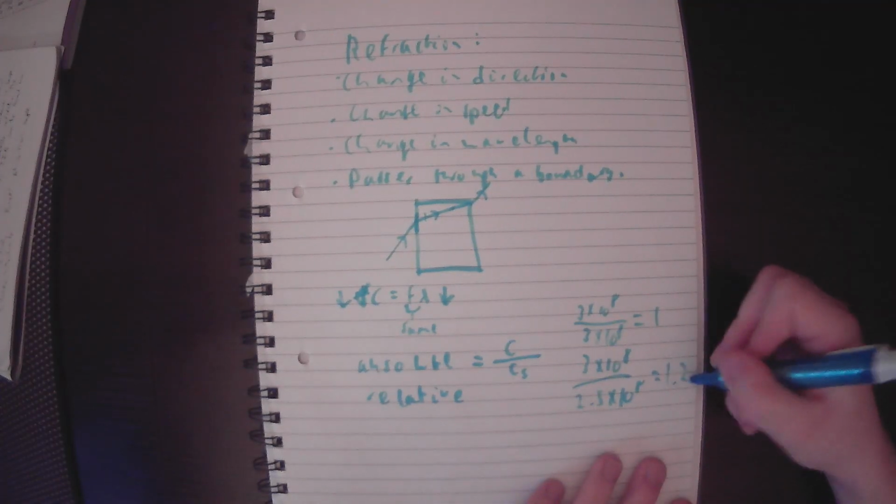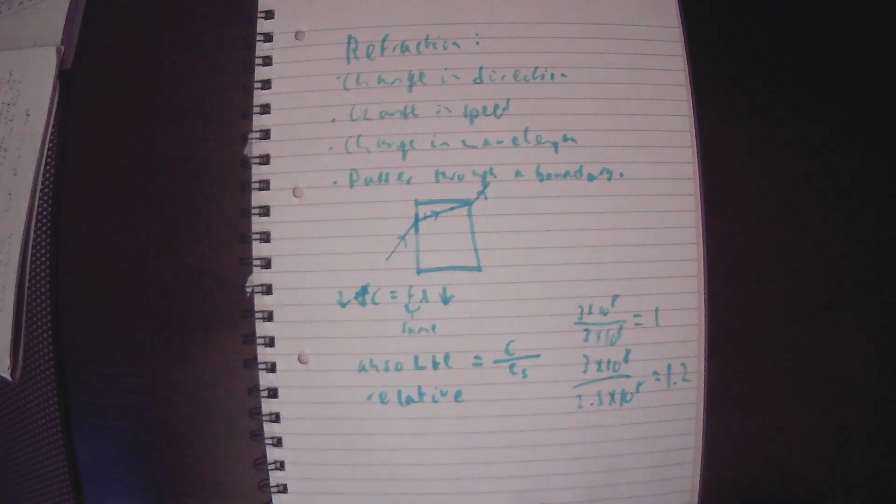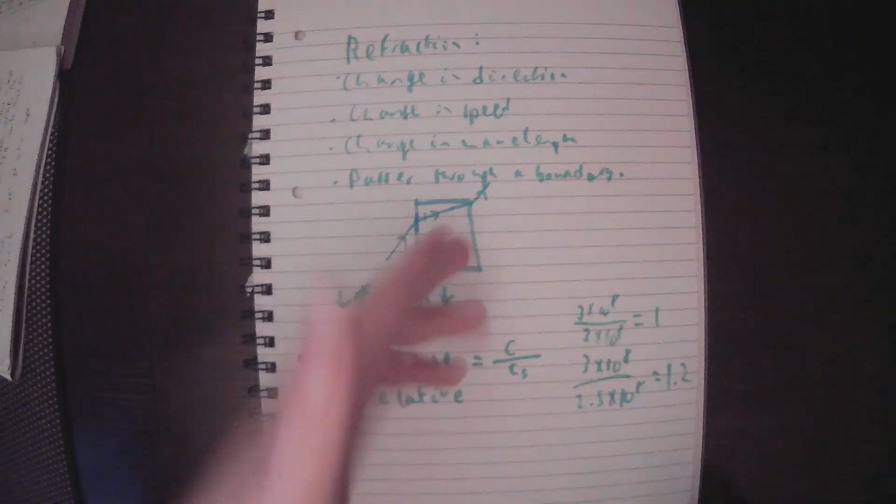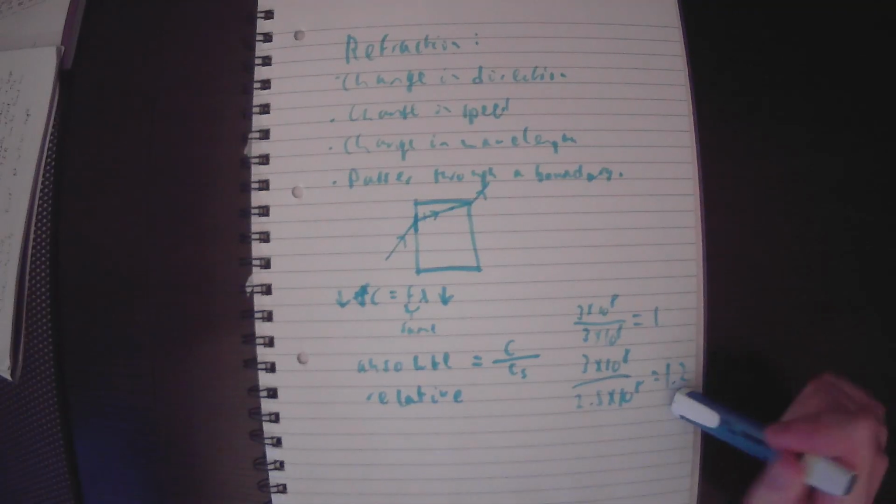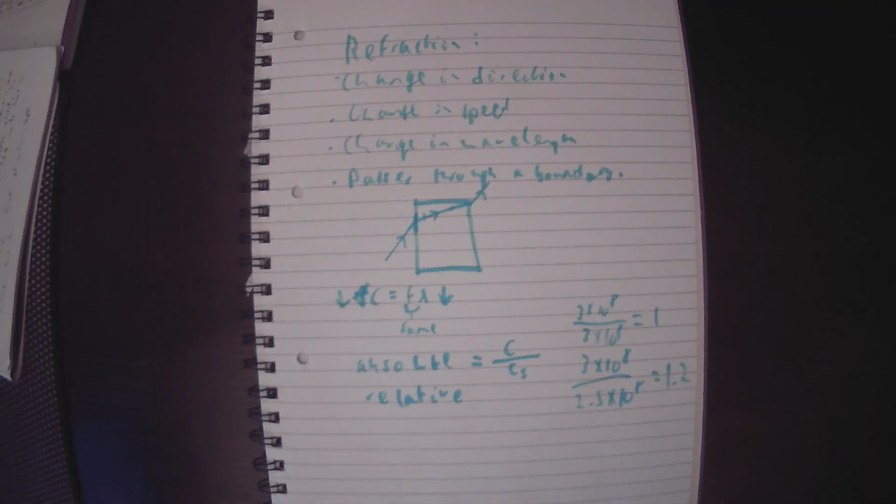In fact, exactly 1.2. And so that's what the refractive index of this glass would be. Now that's not a very accurate value for the refractive index of glass. The refractive index of glass is closer to about 1.33.